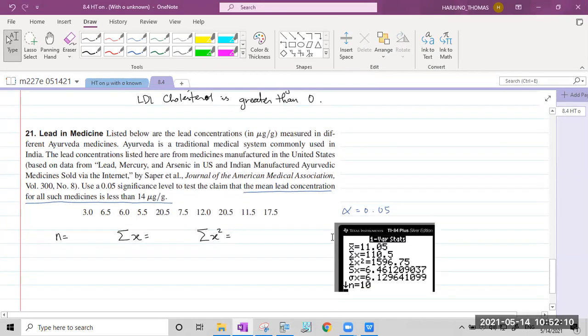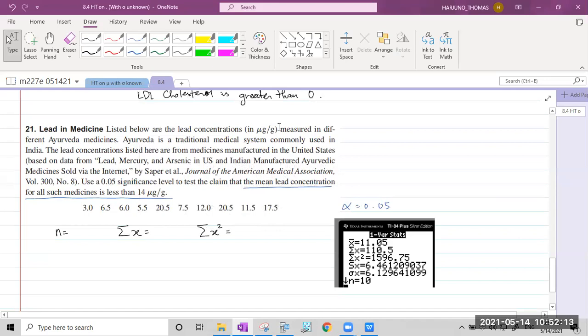This is what I get. From there we see n is 10. The sum of x is 110.5 on the second line. On the third line, we get 1596.75.